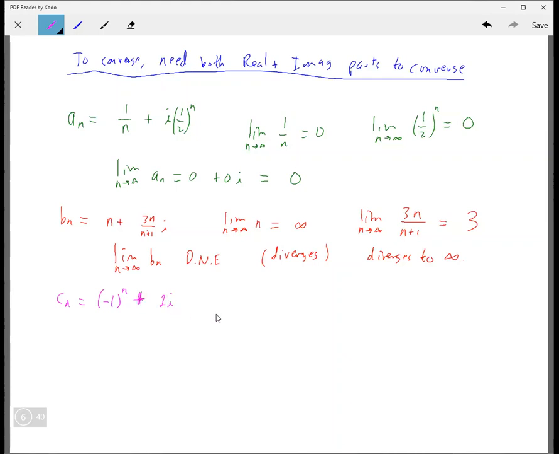Diverges or converges to something? Does -1 to the n converge to something?